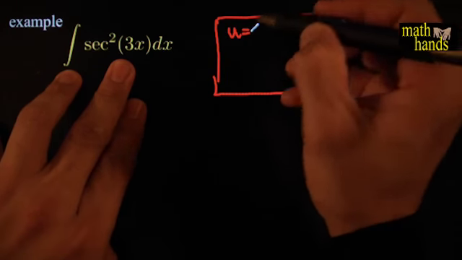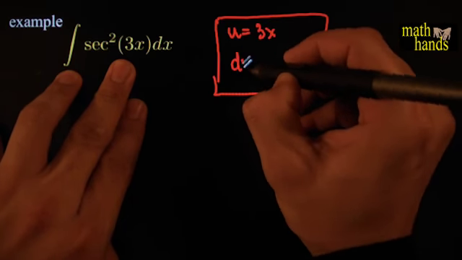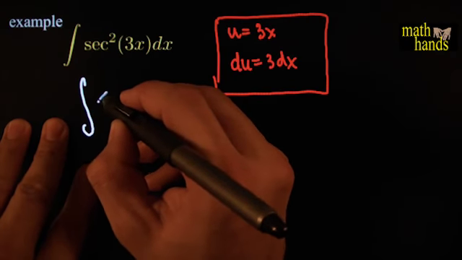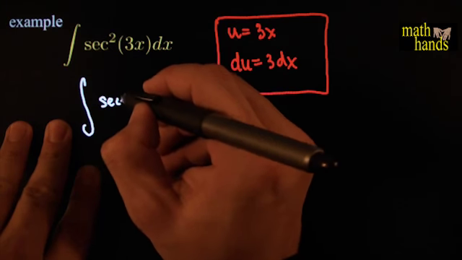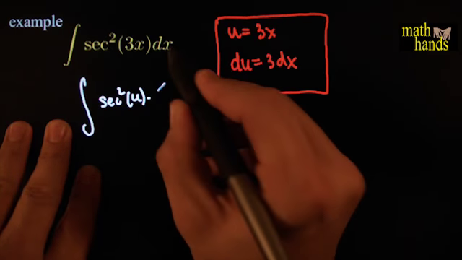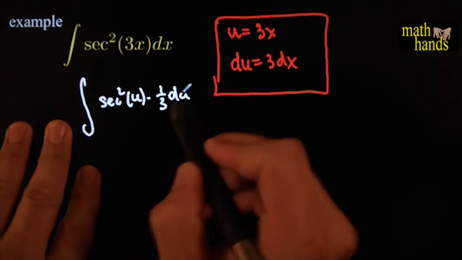What do you think you should make u equal to? Well, the obvious choice is 3x. Then du would be 3 dx, and that sets up the exchange rate. I would turn this into the integral of secant square u times my dx, which is worth 1/3 of a du.